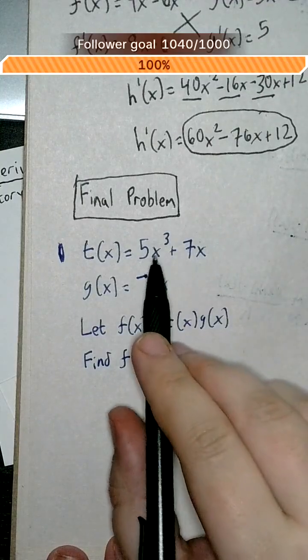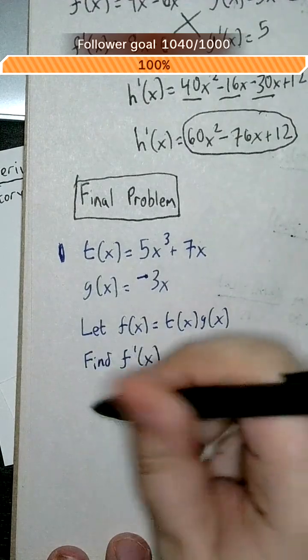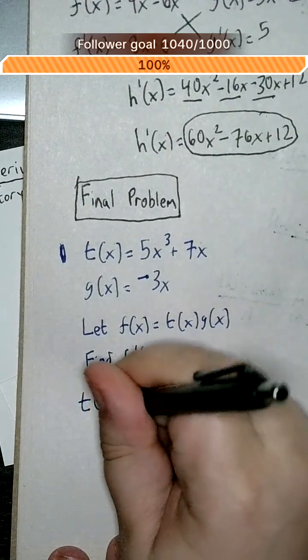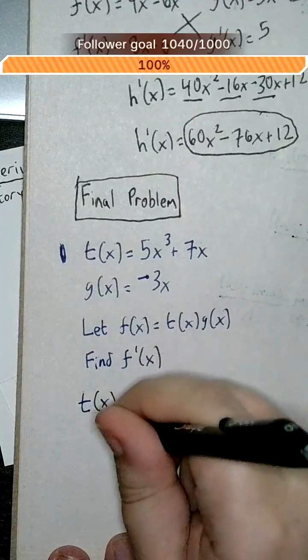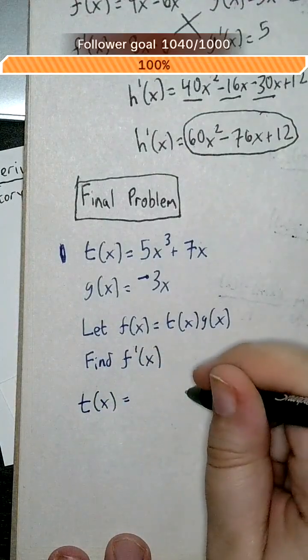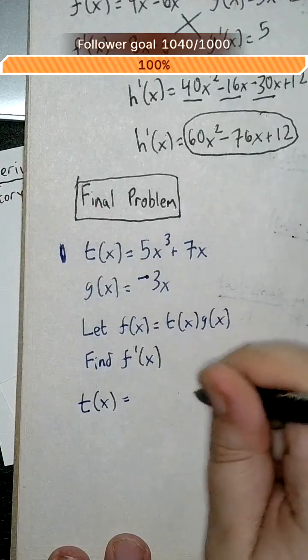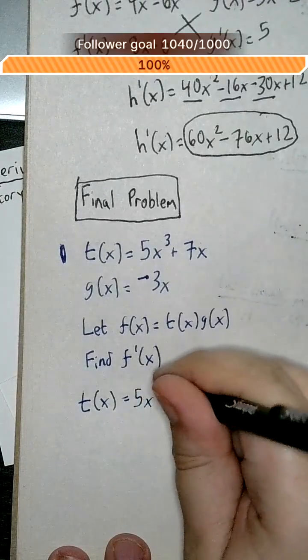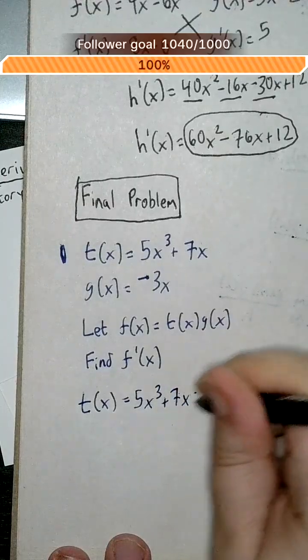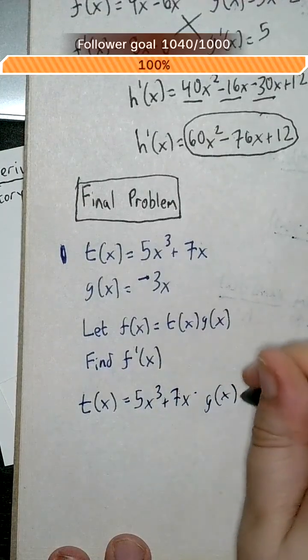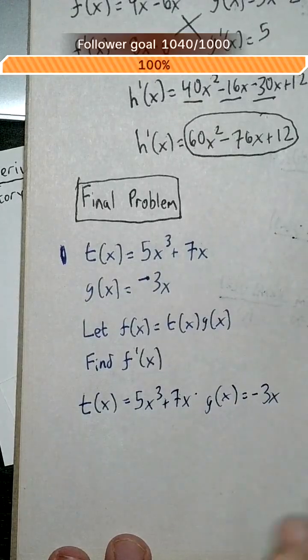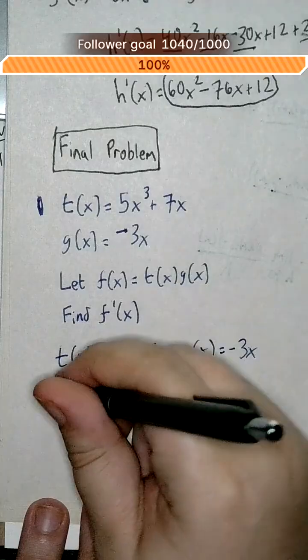So here, I'm going to go ahead and name t of x and g of x. So t of x was 5x cubed plus 7x, and g of x was negative 3x. What is the derivative of t?